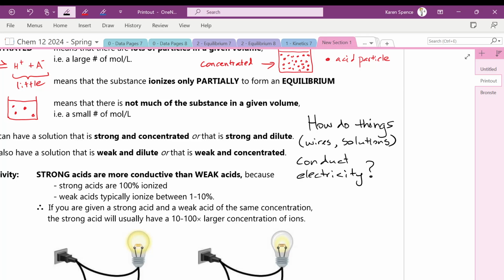What do electrons have? They have a charge. So you need charged things that can move. And in a wire, that will be electrons. Okay?